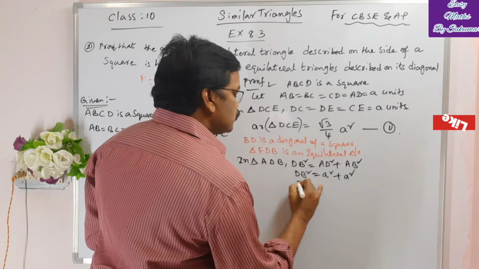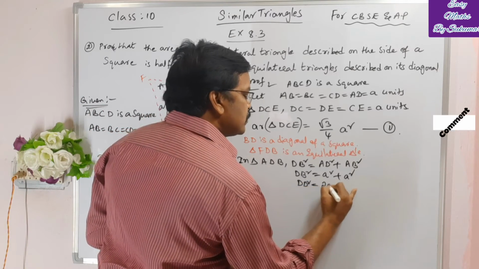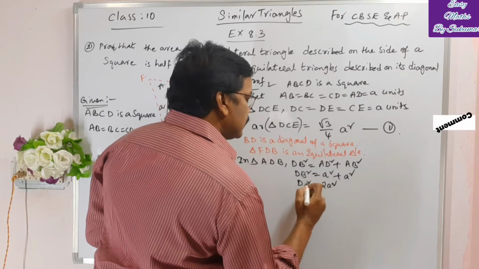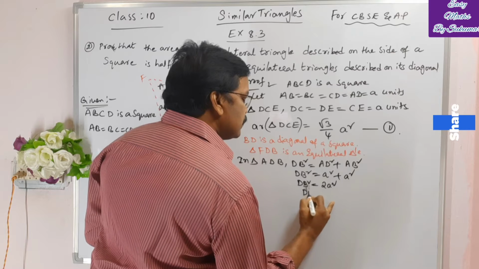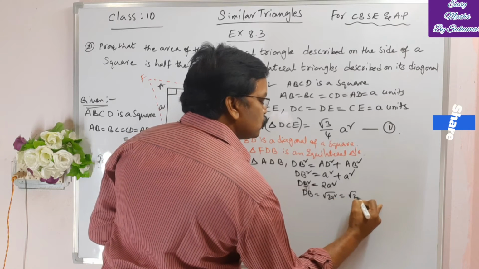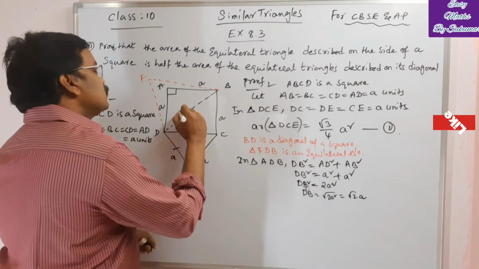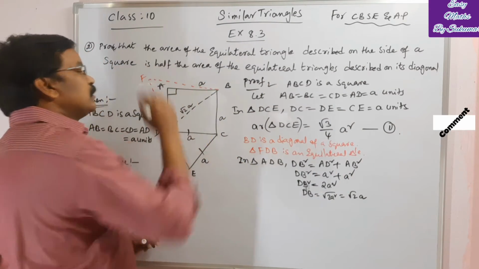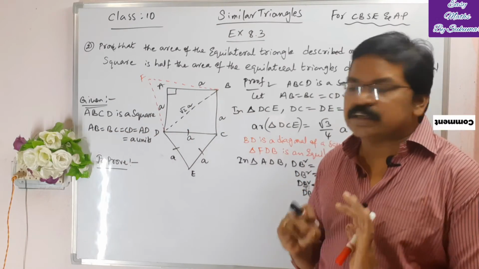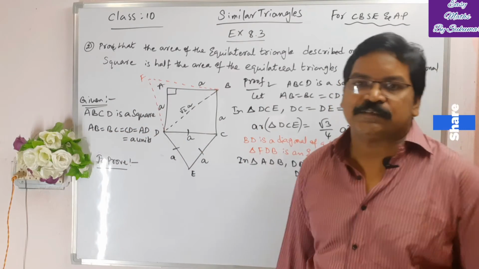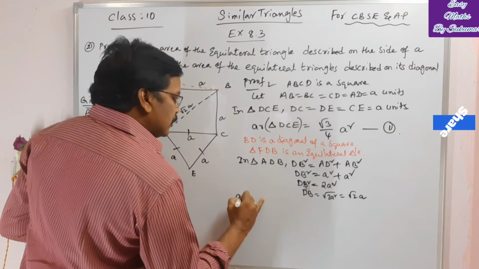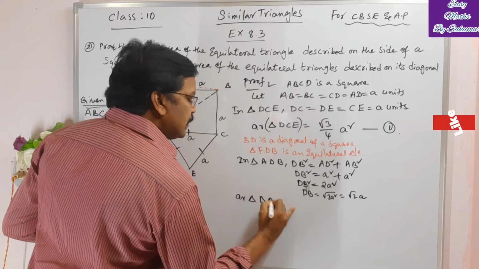So DB square is equal to 2a square. DB is equal to the square root of 2a square, that is root 2 a. So the length of the diagonal of square ABCD is root 2 a units.